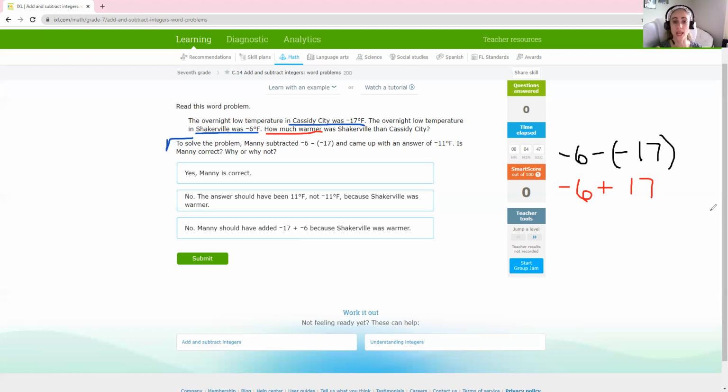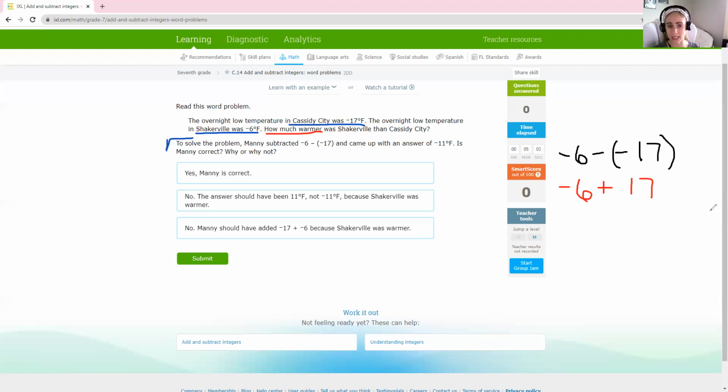Now we have an addition problem and we can follow our rules for adding integers. Well, do these numbers have the same sign or different signs? They have different signs. My 6 is negative, my 17 is positive.